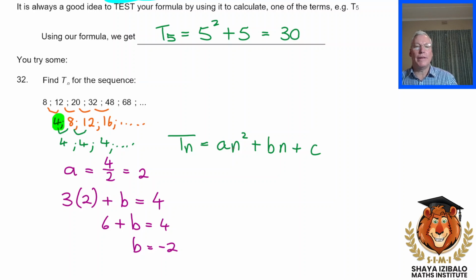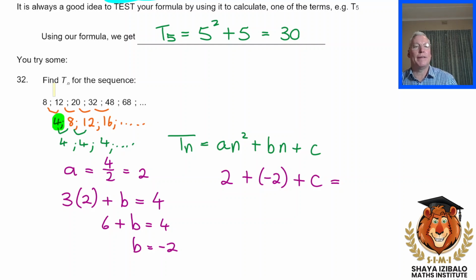We also know that if n was 1, then A plus B plus C, so I'm going to write it like this, A plus B plus C is the first term of the entire sequence, okay?